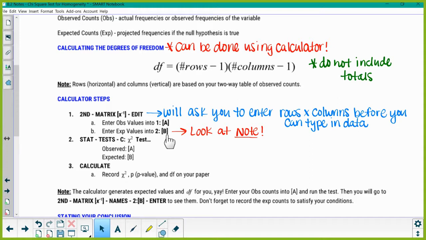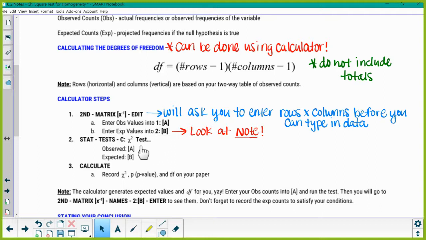It's going to take all of your observed values and actually do the formula and calculate expected values for you. So, yes, you could go through and calculate them all. And yes, you can enter them and run the test, but you're going to get the same value someone who left it blank is going to get. So, save your time. Smarter, not harder.